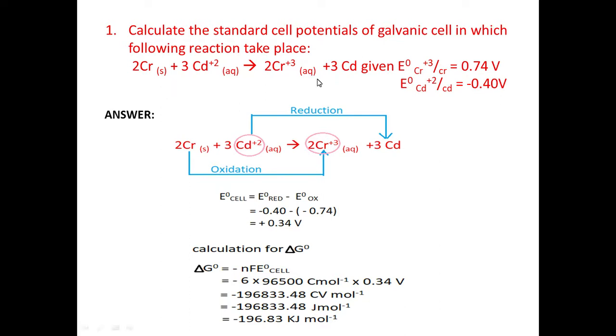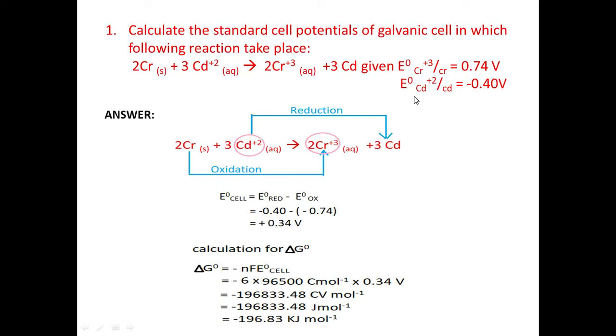Now, how do we find this EMF or standard cell potential? You can see here we have a common formula for the standard cell potential, that is E naught cell equals E red minus E ox. Then we have to write the reduction potential of the reduction half cell, and the reduction is carried out at cadmium.